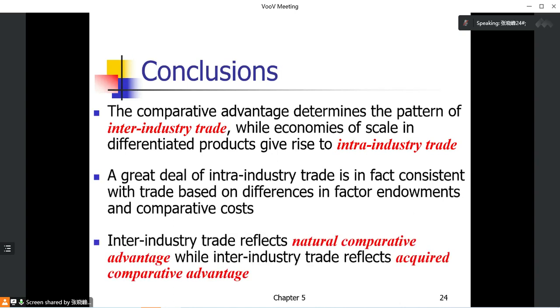Now we go to the final conclusion. We can see what we can get.